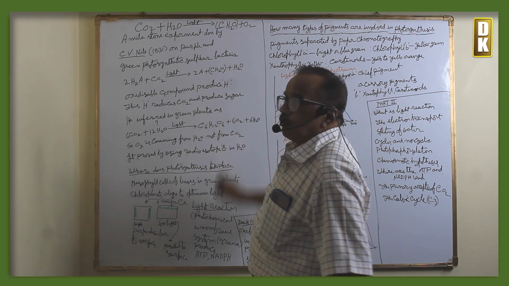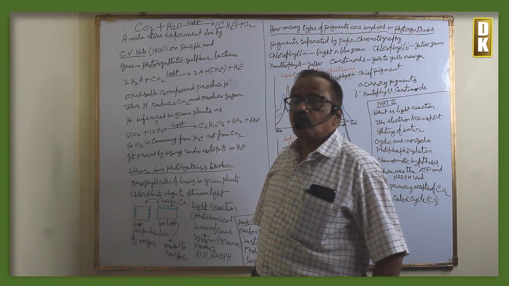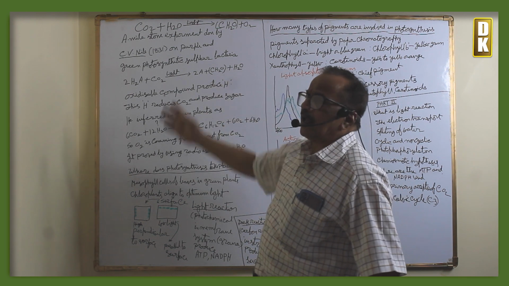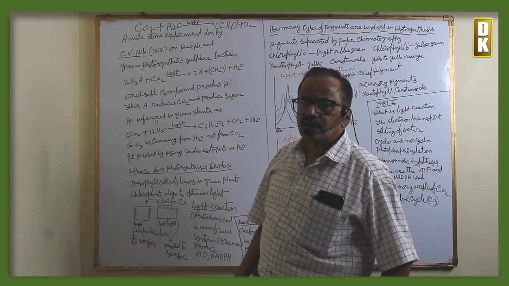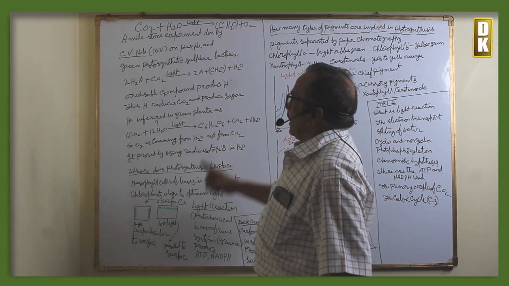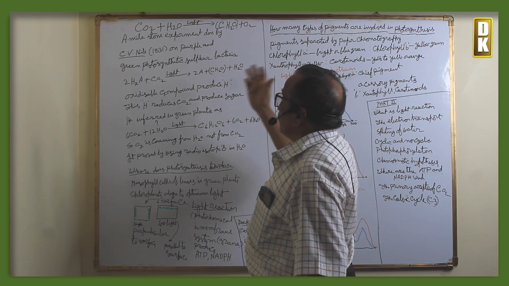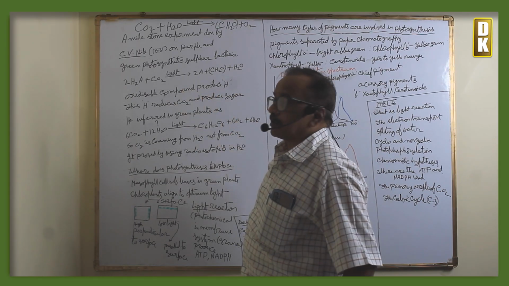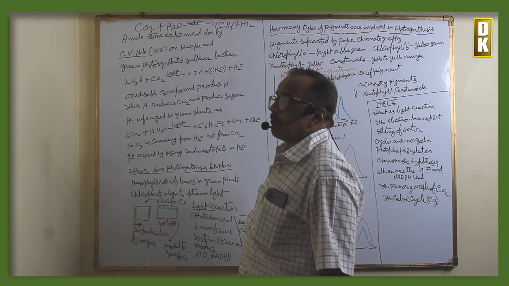This is the finding. Who told that in photosynthesis water will be produced? One Niel. This is a neat question. Remember it. And next, why he said that hydrogen comes from the oxidizable compound.